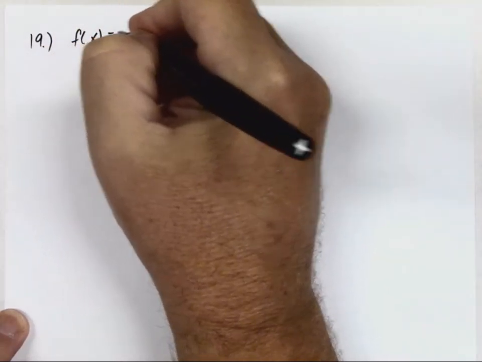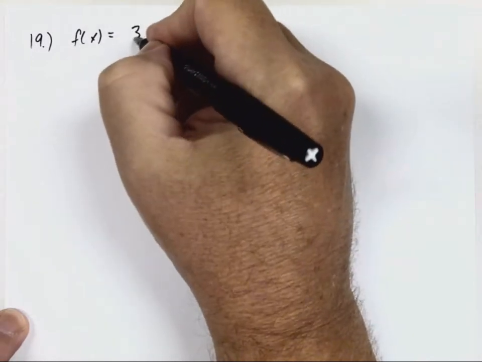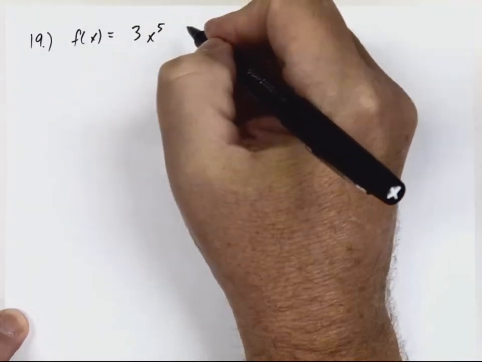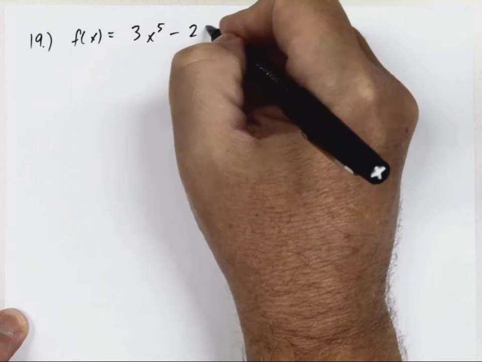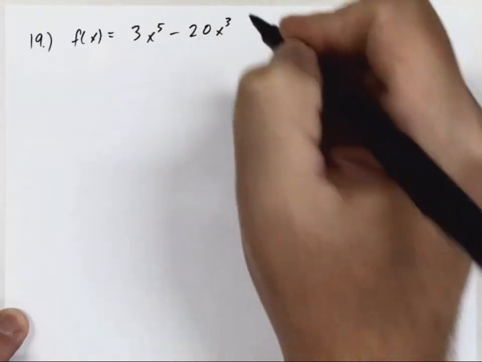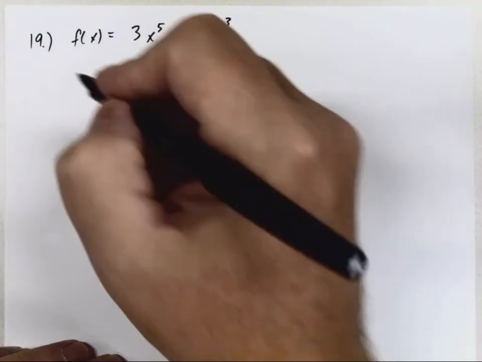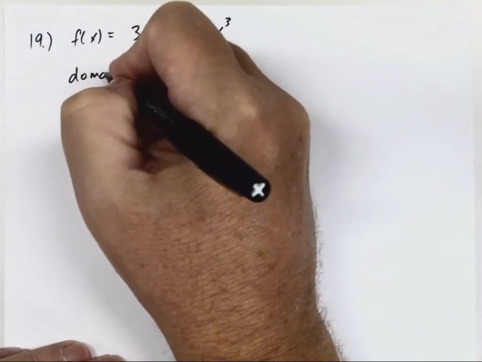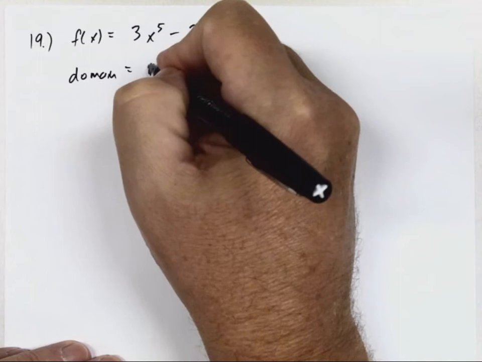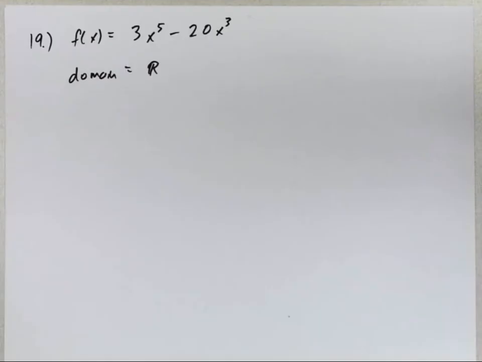Same instructions as the last one, but the function is 3x to the 5th minus 20x cubed. Domain, it's another polynomial, so it's all real. Pretty straightforward.